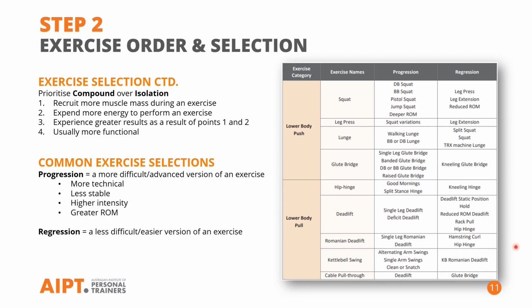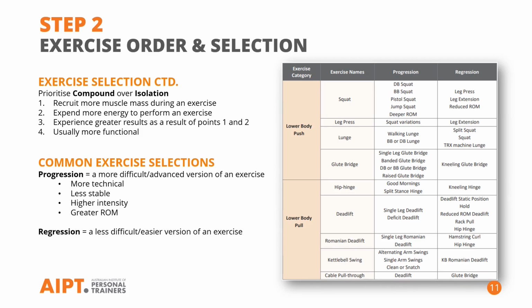Looking at another example of a progression, we'll have a look at the deadlift now. So down the bottom here. So if the base version is a barbell deadlift, then you can actually change the exercise to make a progression, as shown in the diagram here, which would be a single leg version instead.